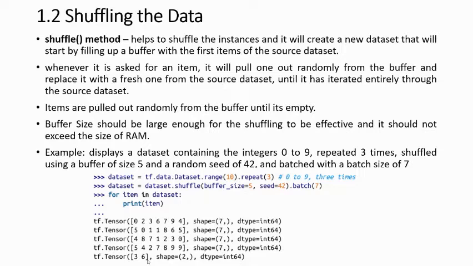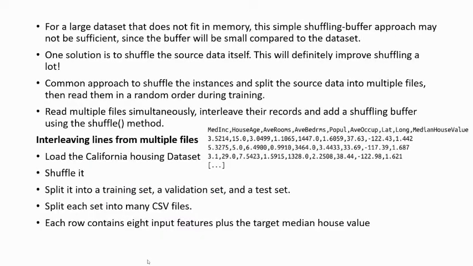We are going to understand the concept of interleaving along with the shuffle method. Suppose for interleaving we are going to load the California housing data set. Let us just make that assumption right now.